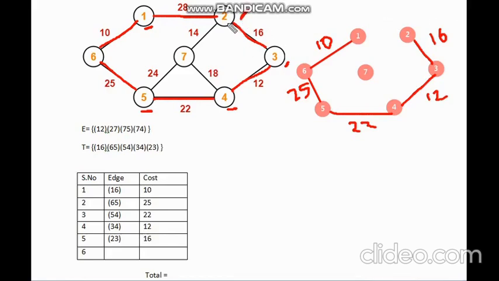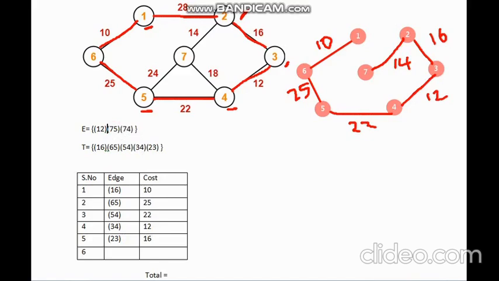From 2 to 1 is there, 2 to 7 is there, and from 4 to 7 is there, from 5 to 7 is there. So which is the least? 28, 14, 18, 24. 14 is the least, right? 2 to 7. Hence I am taking 2 to 7 with 14, and 2 to 7 is not forming a cycle.